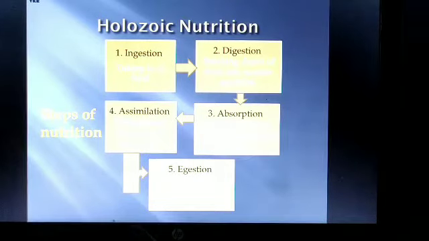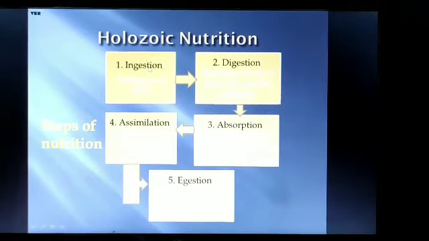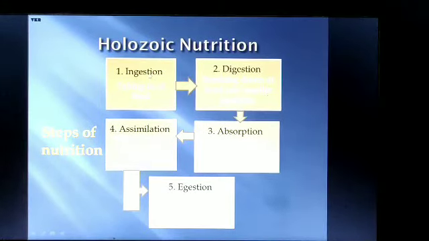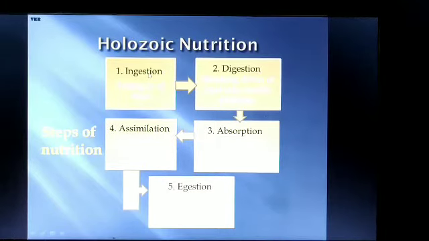In this, we know that holozoic nutrition is a complex kind of nutrition in which food is not digested outside the body, rather it is digested inside the body. Okay, so in this case, we come to know that food is first taken, then broken, then absorbed, and then it can be utilized.